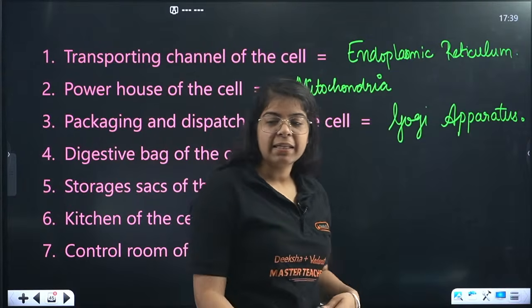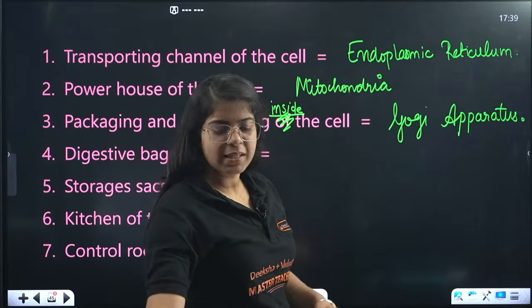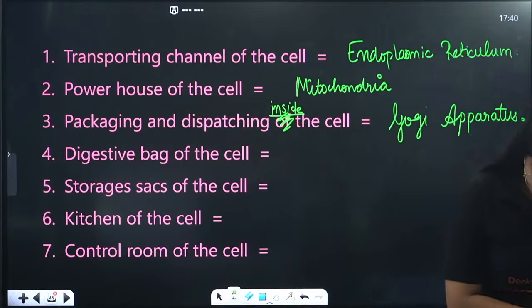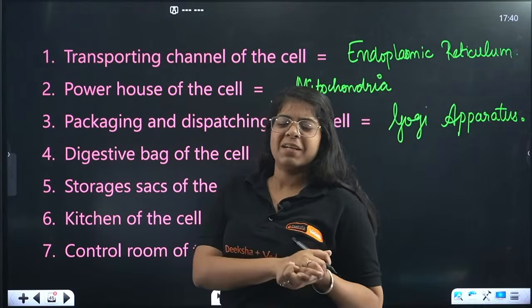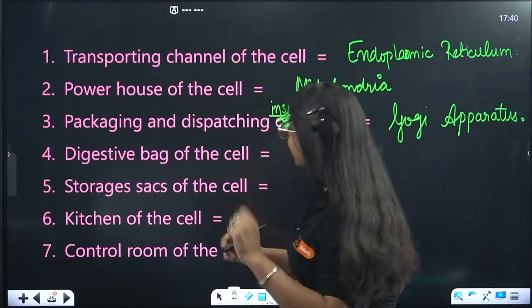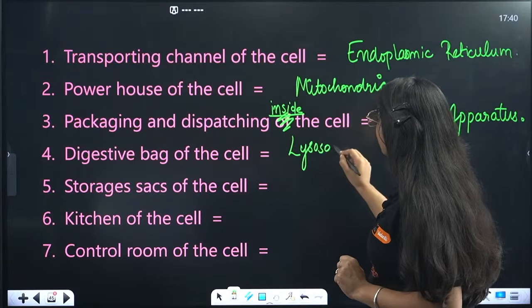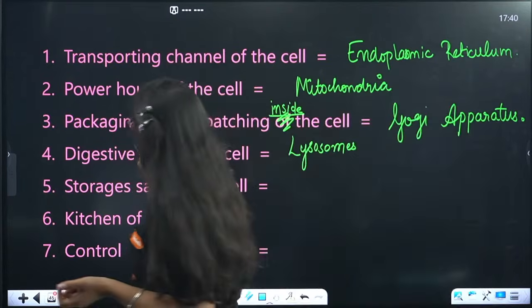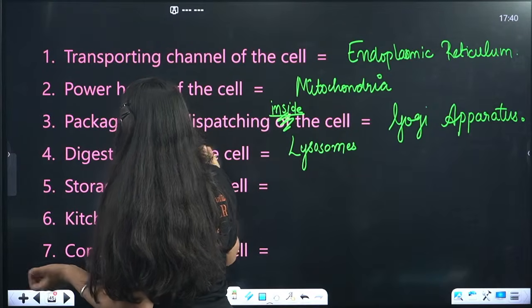Okay. Any other answer? Who else thinks lysosome? Okay, great. Jolly is also saying lysosome. So that is correct. Digestive bag of the cell is lysosome, also called the suicidal bag of the cell, right?